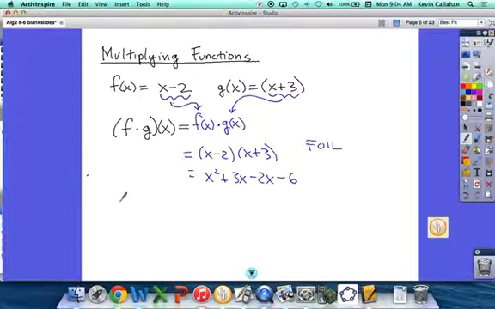Combine like terms. Again, if you had to guess how this is supposed to work, you'd probably guess that's how it works, and you'd be right. Somewhat intuitive.